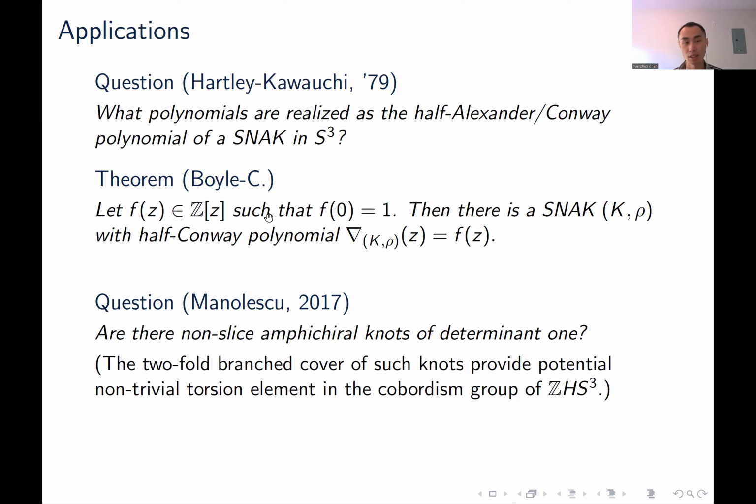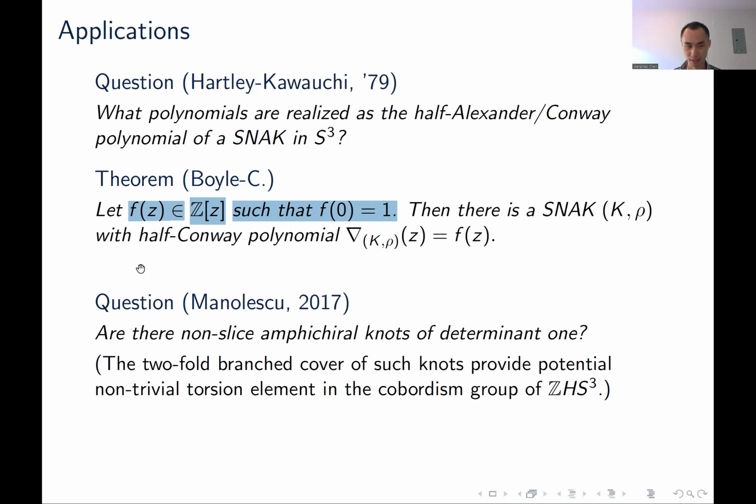What we found out is that for any polynomial with constant term equal to 1, you can find a snack such that its half-Conway polynomial is equal to that given polynomial. And indeed, our proof is constructive. We explicitly construct such a knot for any given polynomial.